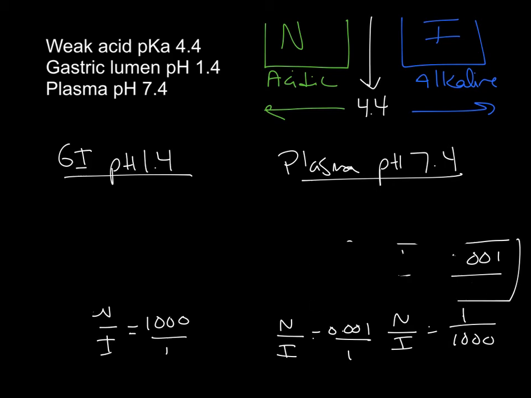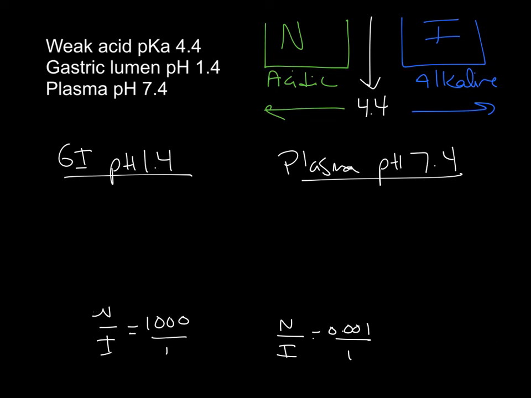Just clear some of this stuff away. So now that's sort of step one. We know how the drug is going to distribute itself in each of these two compartments, if that was the only compartment we were considering. But now we want to say, what's going to happen if we put a membrane between these two pH fluids and see where the drug decides to go. And so when we're doing this, what we're going to do is set the N's equal to 1.